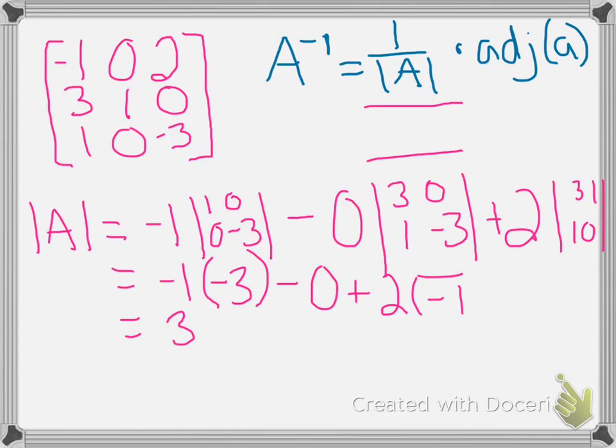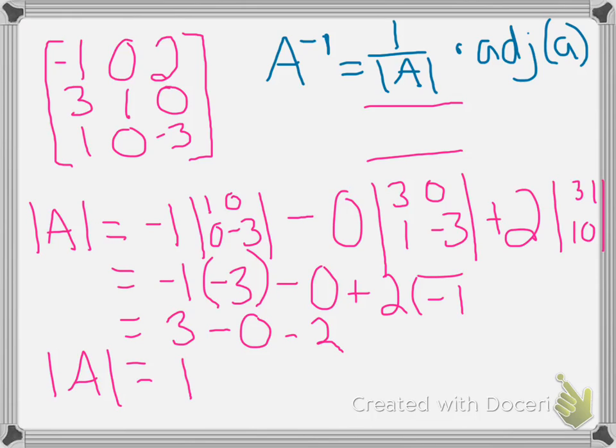So simplified, it's -1 times -3 is 3, minus 0, plus, minus 2, which is equal to 1. So the determinant of A is equal to 1.